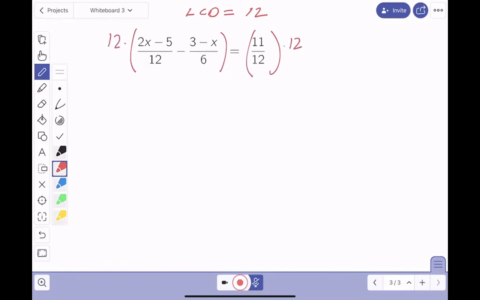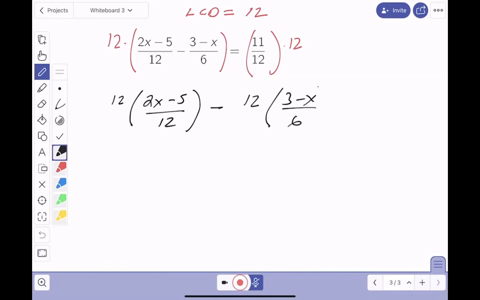I don't think so. Let me write it down for you, though. So it's 12 times the first term. We'll do that in a second. Minus 12 times the second term equals 12 times this term.